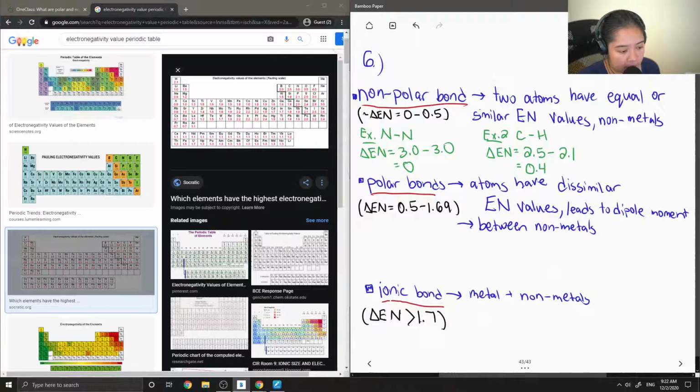Okay, so some examples would be like the oxygen-hydrogen bond. If we were to look at its difference in electronegativity, oxygen has an electronegativity value of 3.5, and hydrogen is 2.1.